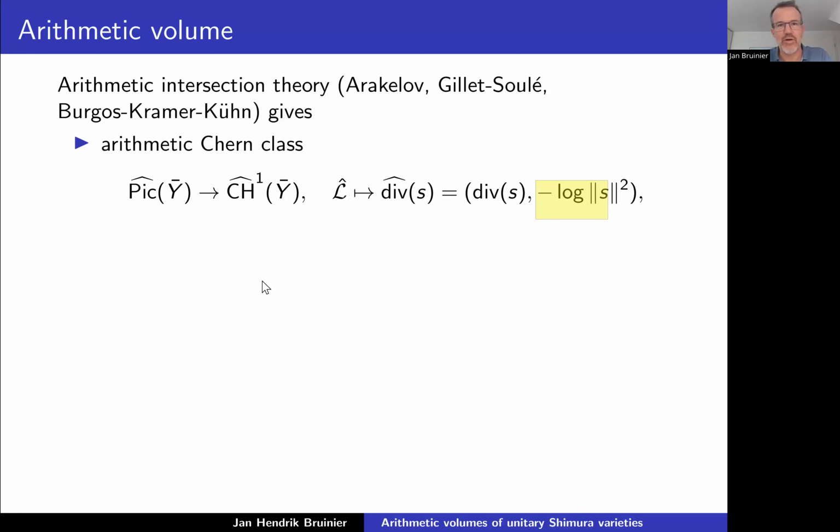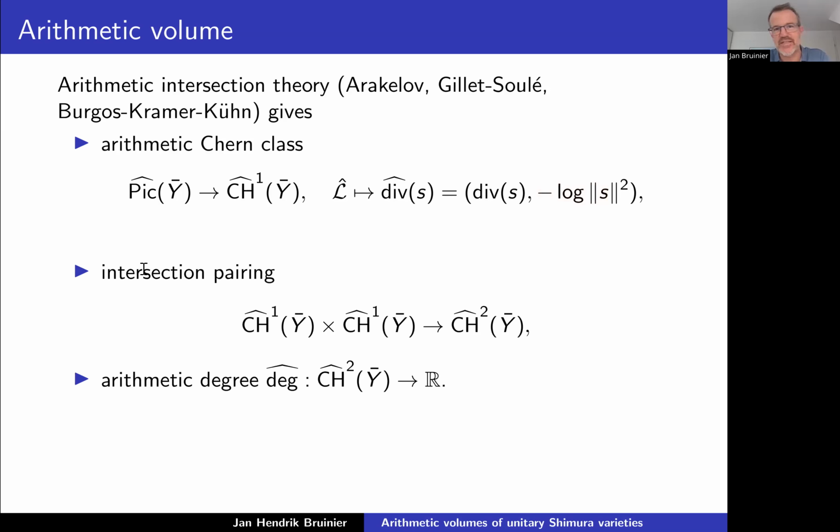Okay, and now as for usual Chow groups where we have an intersection product, also in this Arakelov setting, there is an intersection pairing. So we can pair arithmetic divisors with other arithmetic divisors, and then we get an element in Chow 2. So this would be codimension 2 cycles together with Green currents.